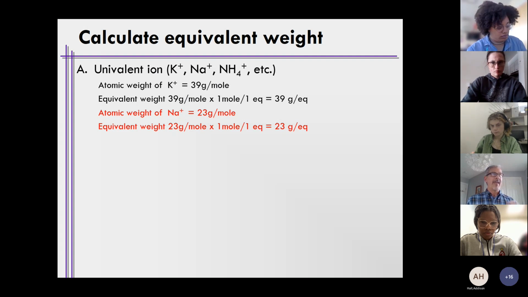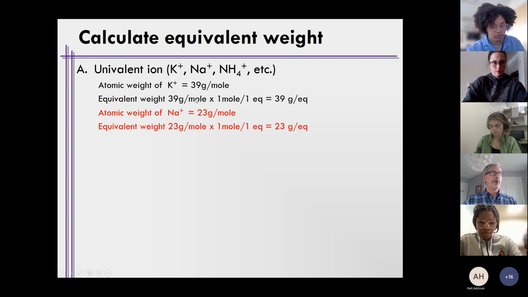For example, potassium: if you went to the periodic table, atomic weight is 39, and it has a +1 charge. So 39 divided by 1 equals the equivalent weight. And that's expressed, and it's goofy, but it's expressed here, 39 grams per equivalent.